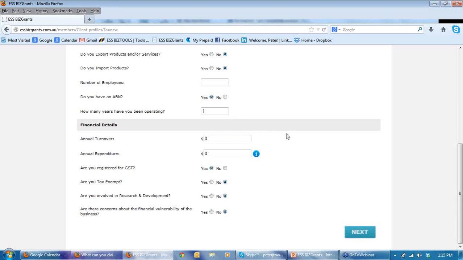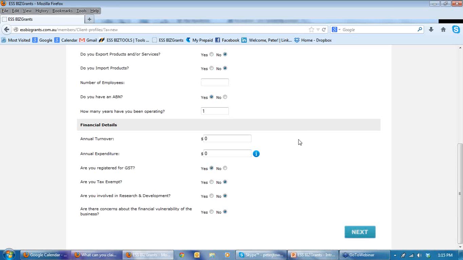Turnover is an important figure. It is the gross turnover of the business. It obviously has implications in research and development, where there's a change of basis at $20 million. Enterprise Connect has a minimum turnover and a maximum turnover.